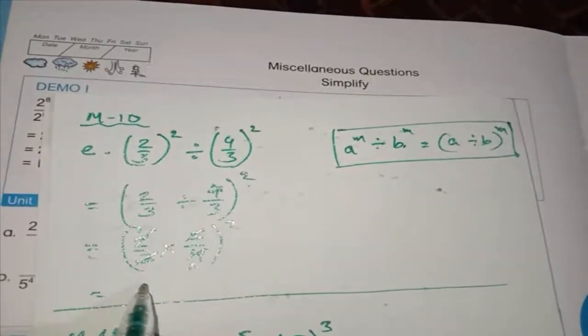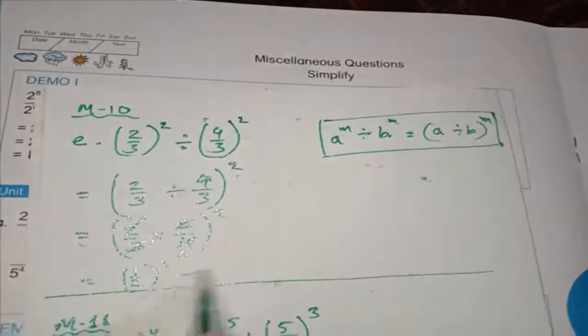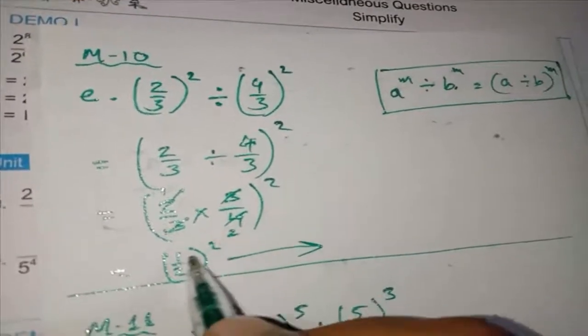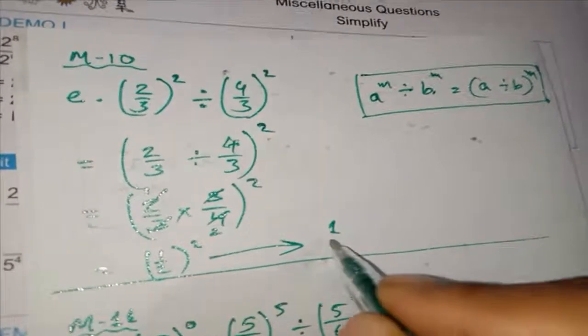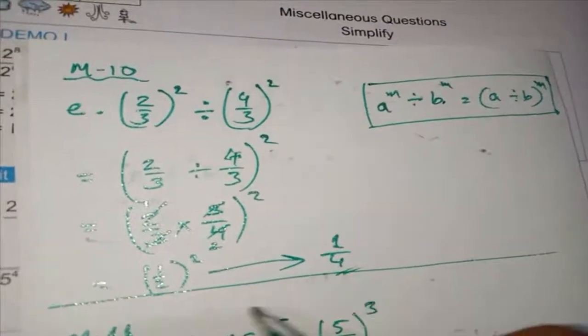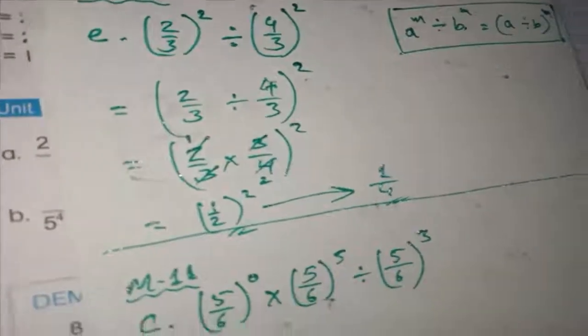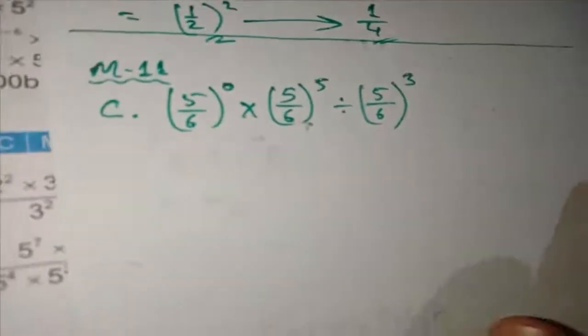So the answer will be 1 by 2 whole square. You can also write this answer as 1 square is 1 and 2 square is 4, 1 by 4. You can write this also or this also. Both are correct answers. Okay, moving on, let us consider question number 11.